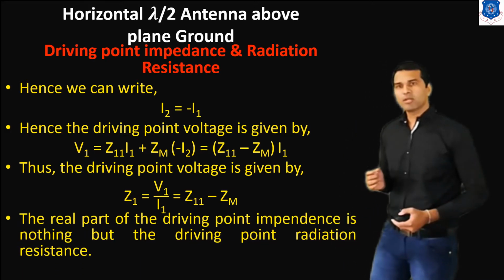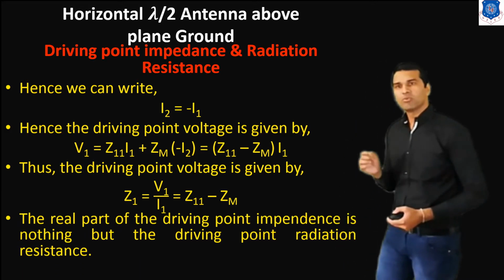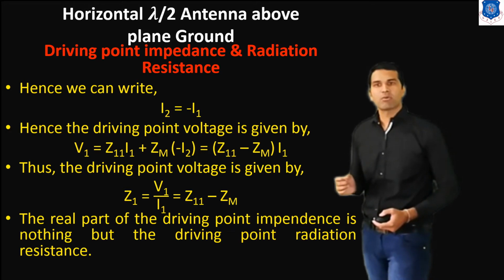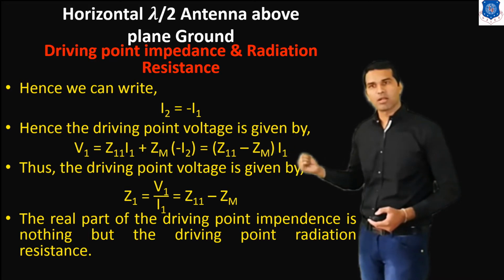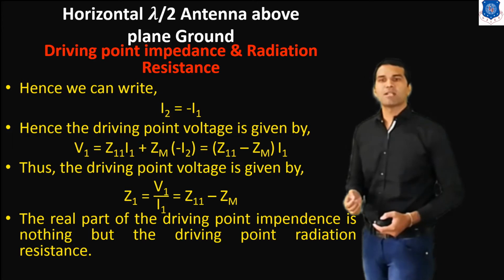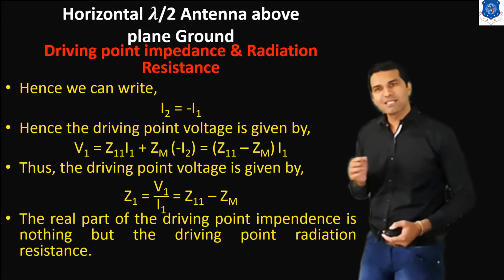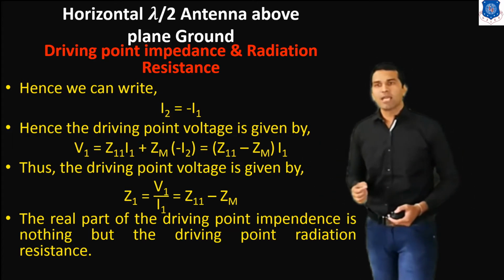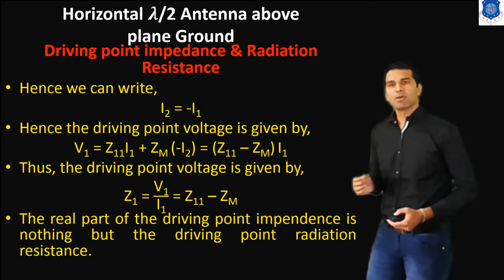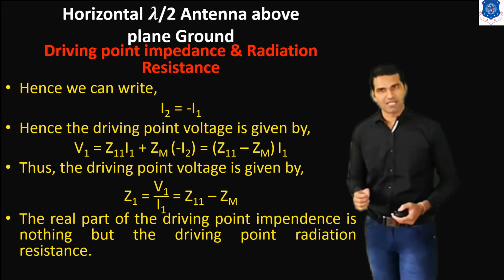Thus the driving point impedance is Z1 equals V1 upon I1. So V1 equals Z11 minus Zm into I1, divided by I1. I1 cancels, so the driving point impedance we get is Z11 minus Zm. The real part of the driving point impedance is nothing but the driving point radiation resistance.